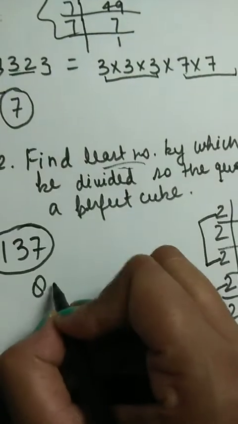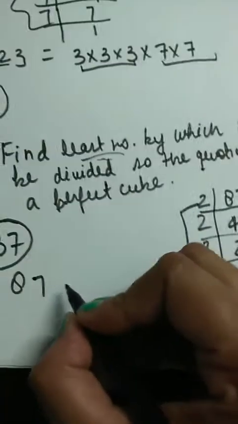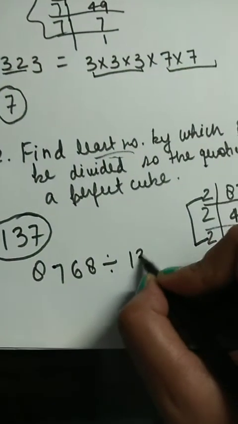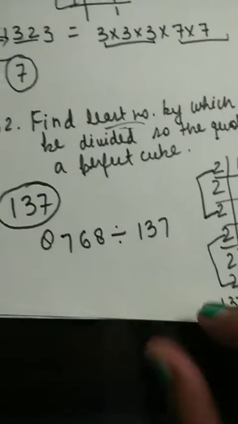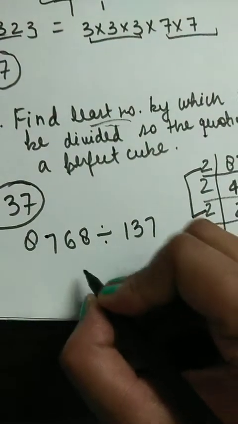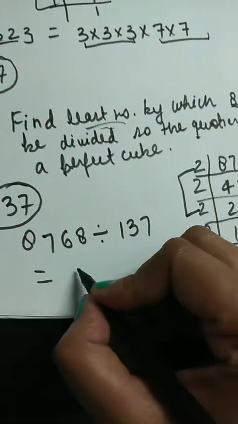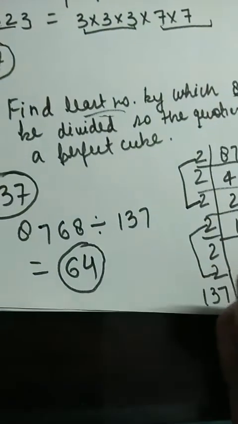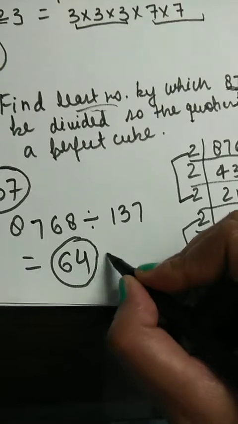So if you divide this number 8768 by 137, you will get 64, and this 64 is a perfect cube of, can you just tell?